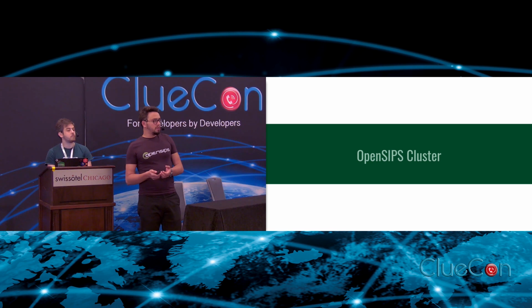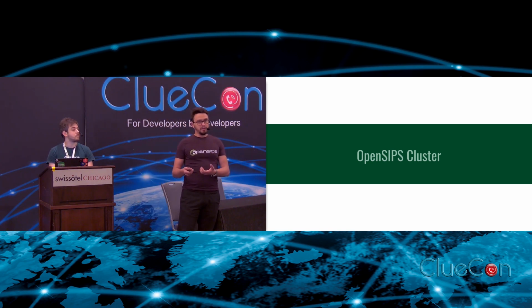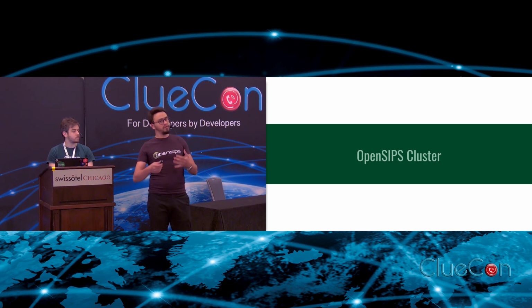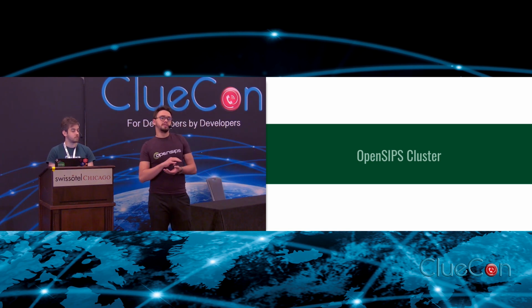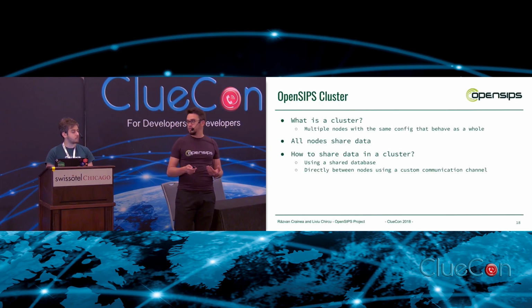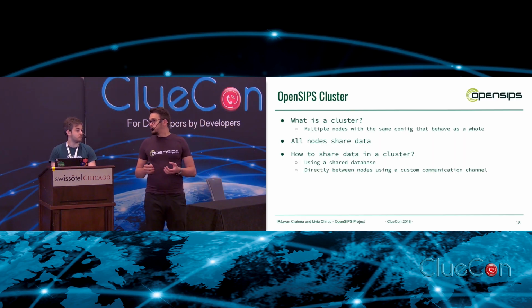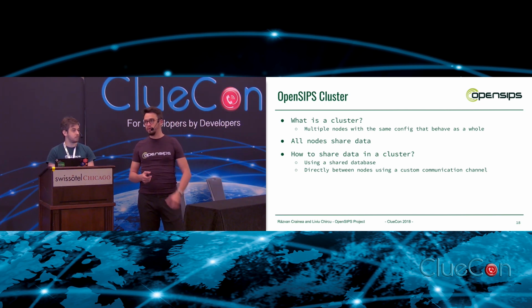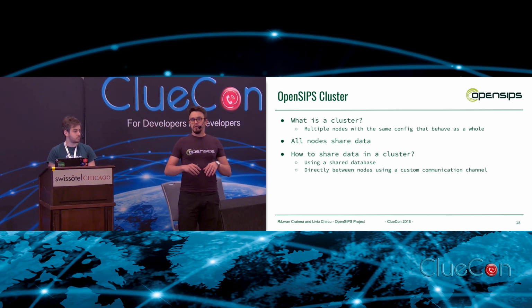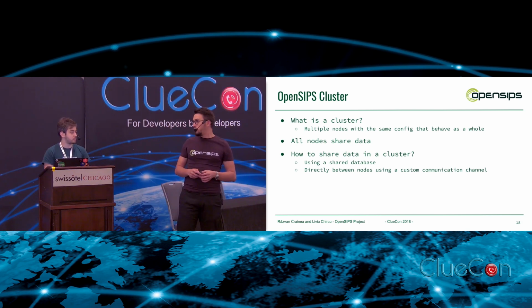These are some of the problems that we've met and we've solved, and most of them are solved. Actually, all of them are solved using the OpenSIPS cluster. OpenSIPS cluster is the low-level, let's say, engine that allows us to build these nice applications, and it's used to group multiple nodes that behave similarly into a single cluster that acts as a whole.